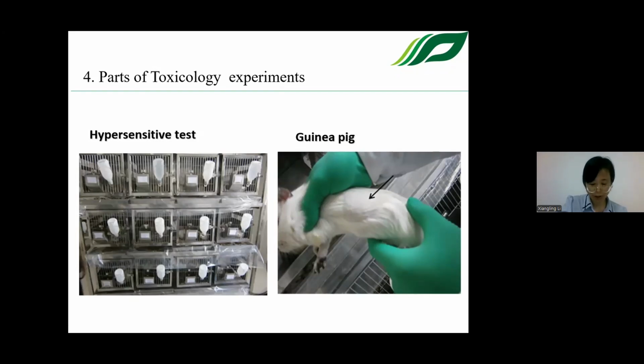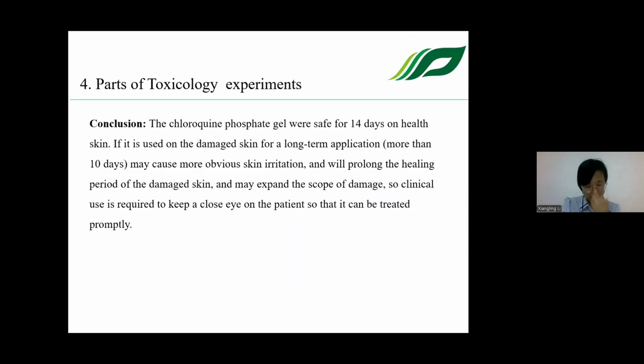After giving the CQ gel for 14 days, we found that the CQ gel was safe on healthy skin. But if it is used on damaged skin for a long time, maybe more than 10 days, it may cause more obvious skin irritation and will prolong the healing process of damaged skin and may expand the scope of the damage.